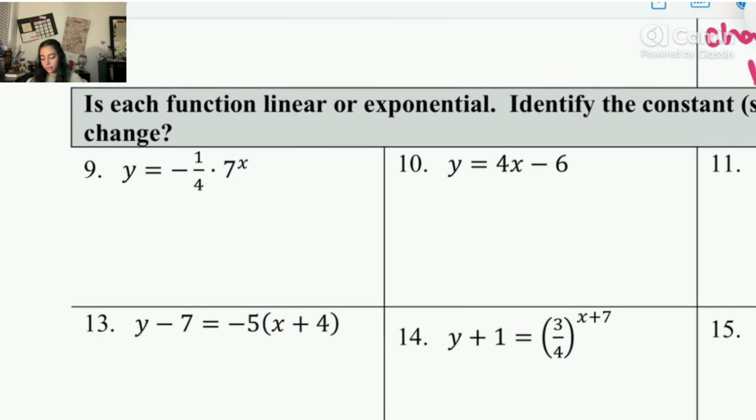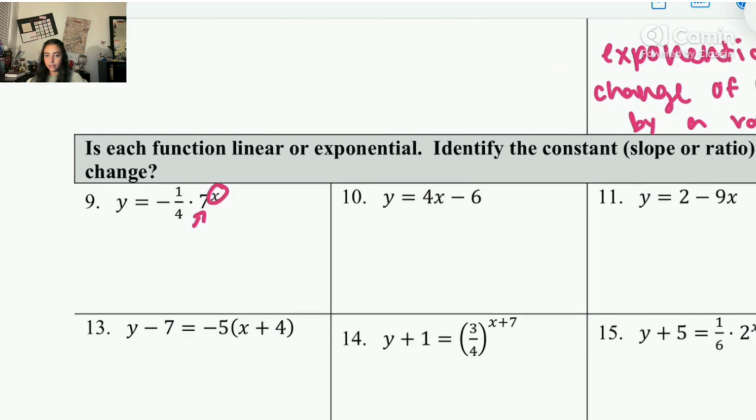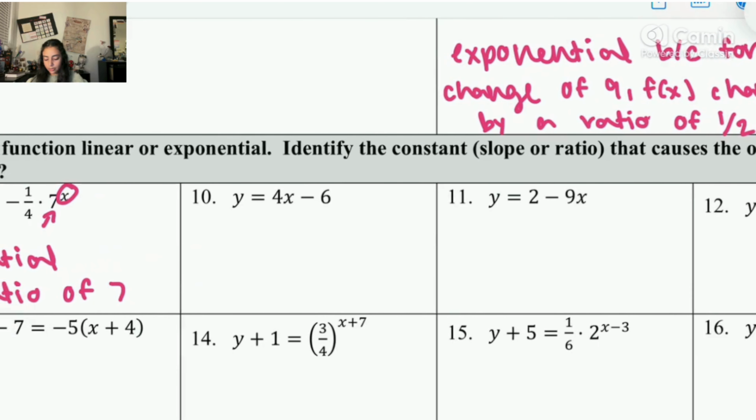So here we can tell it's exponential from this, and our constant, or our ratio here, is a ratio of 7. Then right here, you see that it's linear, and we have a constant of 4, or slope of 4.